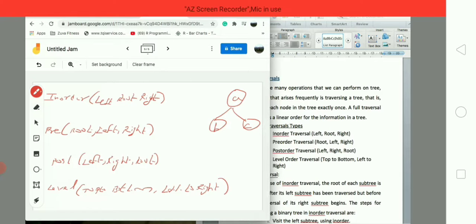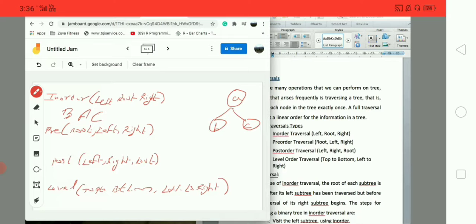So in-order we already discussed in definition. So left, root, right. So first it starts from left side. So the left node is B. After that it travels to root node, that means A. After that it reaches to right side, C.